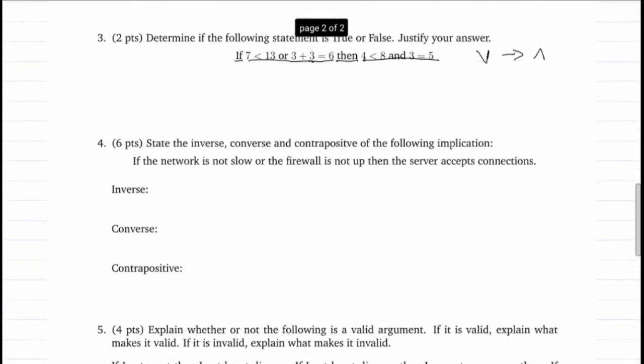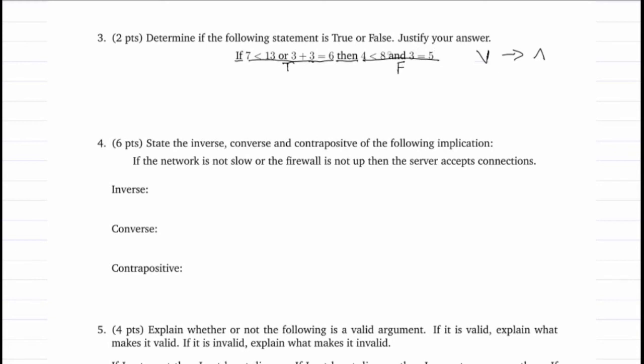First we have to determine if the or is true. We know that 7 is less than 3 is false, but 3 plus 3 equals 6 is true, so this whole or is true. Then 4 is less than 8, that's true, but 3 does not equal 5.